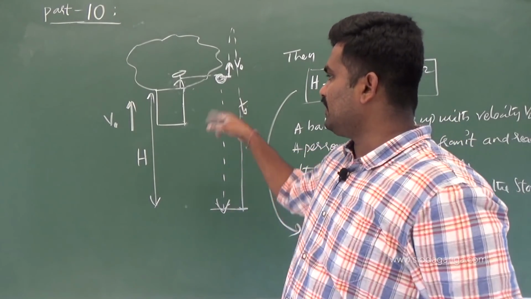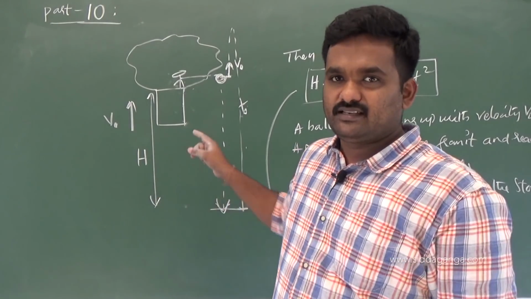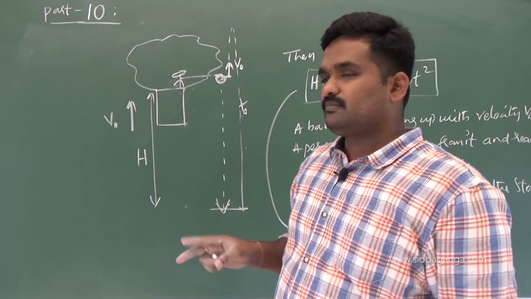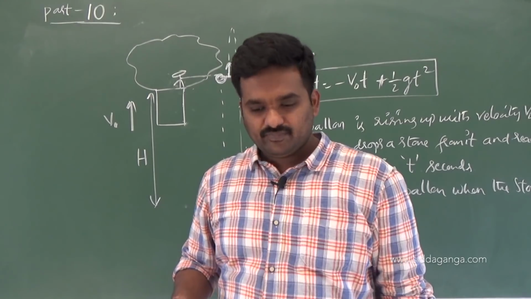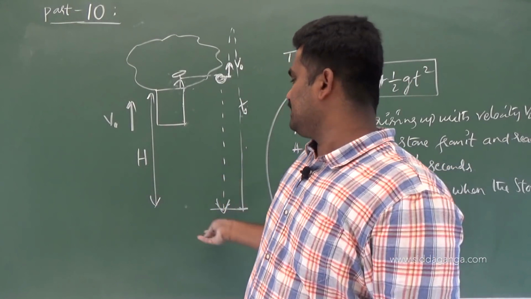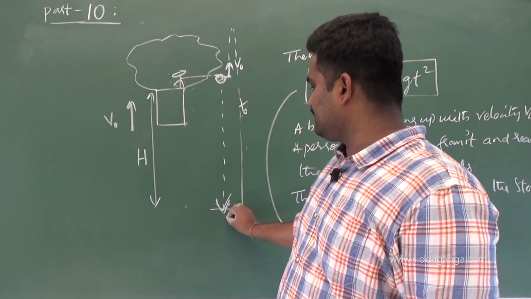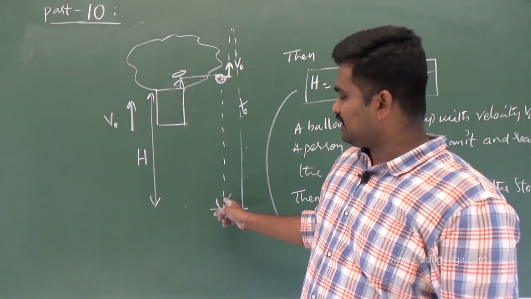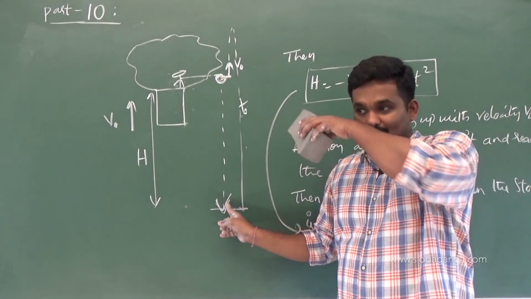And two more points related to these tower problems I will mention, after discussing two more points related to a vertically projected body, how the velocity at various instances. Based on that I am going to give the expression for the velocity on reaching the ground. With what velocity it is going to reach the ground, that is what we have to write.